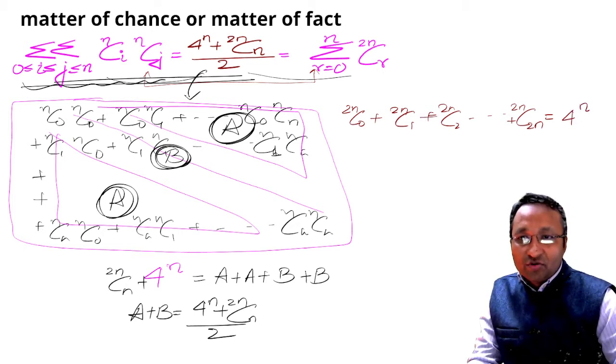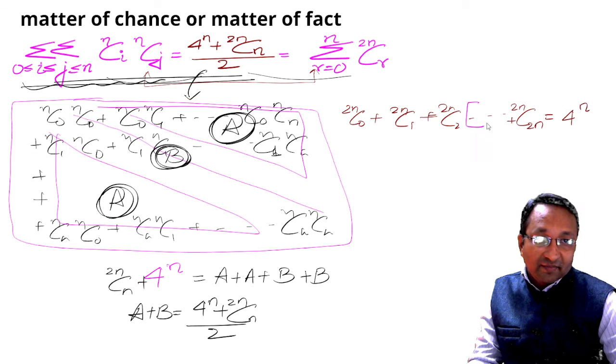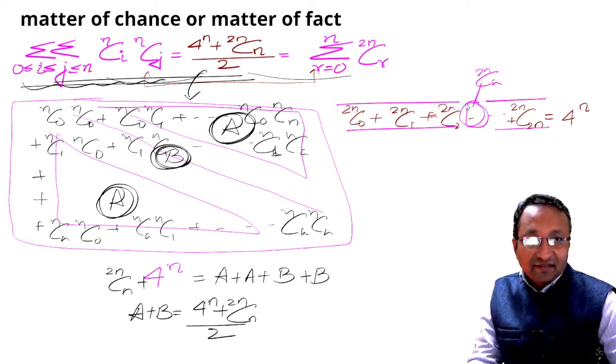Now from 0 to 2n, we very well understand that the number of terms is 2n plus 1, which is odd. That means there would be a single term which is in the middle, which is 2n choose n, and the rest of the terms on the left and right, they both are equal because 2nCr is 2nC(2n minus r). Again, there is a single term which is lone.